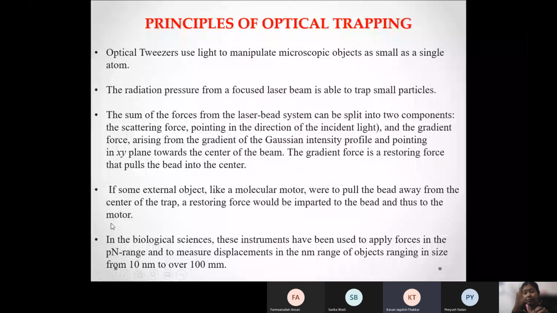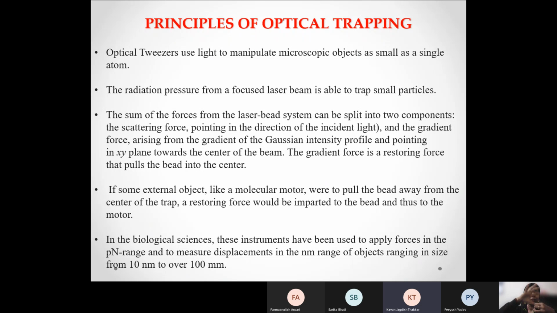So what is it? Let's forget the motor. Suppose you have this bead which is now trapped in this optical trap, and by some means you're able to push this bead out. By some means, let's not think what means, if I'm able to push this bead out, then what will happen? There would be an imbalance of forces on this bead, right?